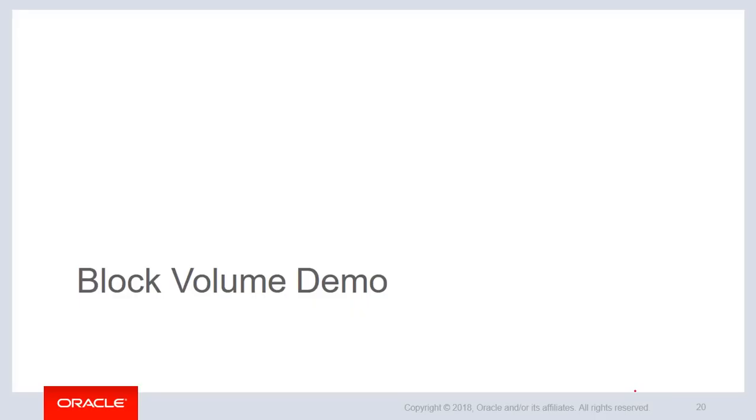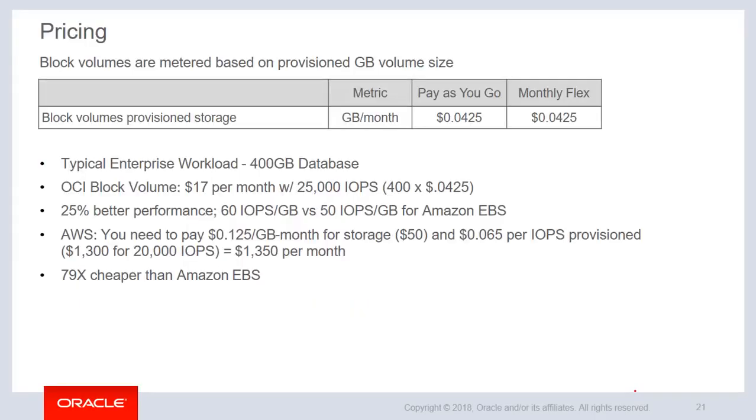And the final thing here is the pricing. You can see the price is based on a gigabyte of storage per month, and this is the price we charge for block volumes. And if you compare this pricing with pricing from, let's say, Amazon, because we don't charge for IOPS, our pricing is much cheaper.